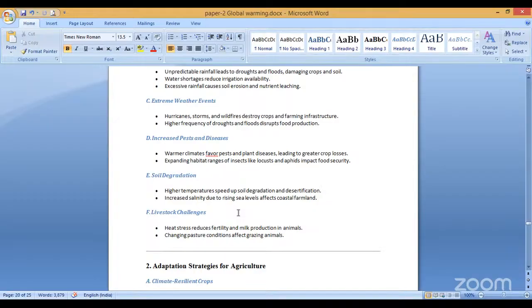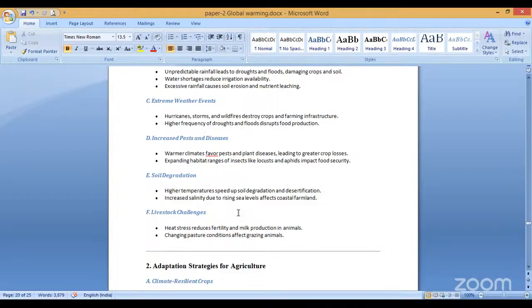Extreme weather events like hurricanes, storms, and wildfires destroy the crops and farming infrastructure. Higher frequency of droughts and floods disrupt fruit production. Warmer climates are favorable for some kinds of pests and plant diseases, leading to great crop losses.